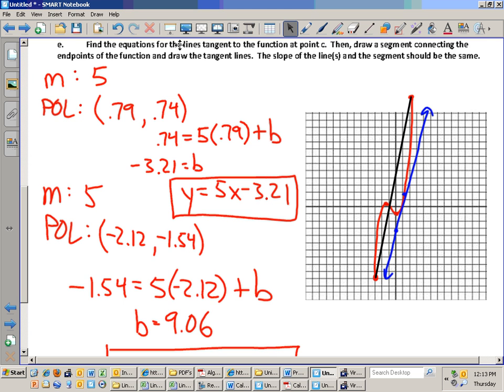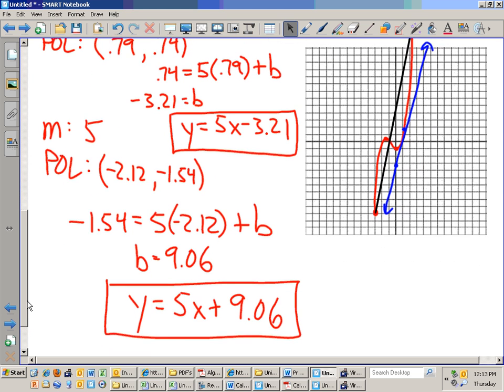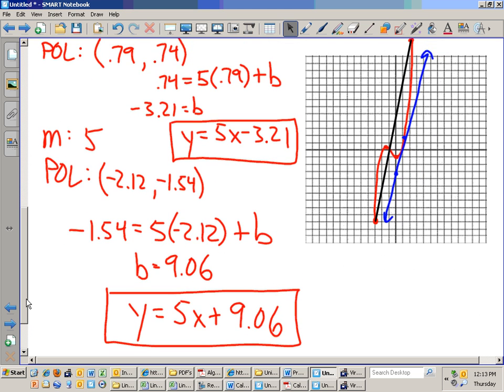And if I take this one, which is y equals 5x plus 9.06, I go up 1, 2, 3, 4, 5, 6, 7, 8, 9.06. And then 5, I'm going to go down and back. So 1, 2, 3, 4, 5, and back 1.